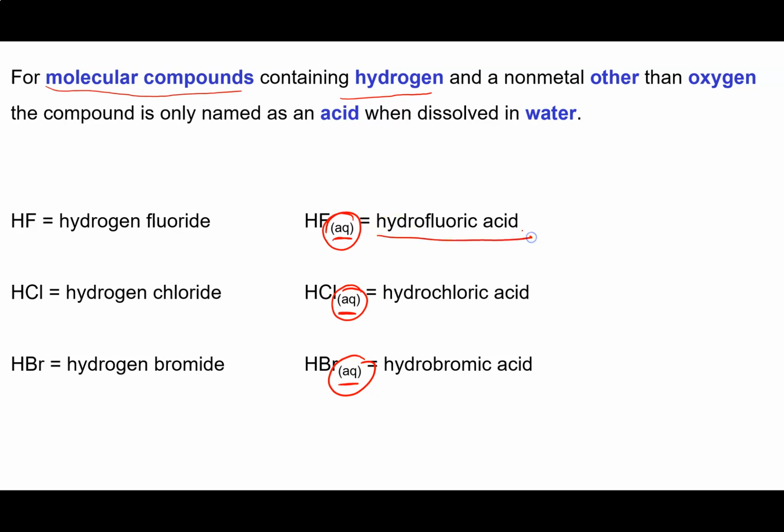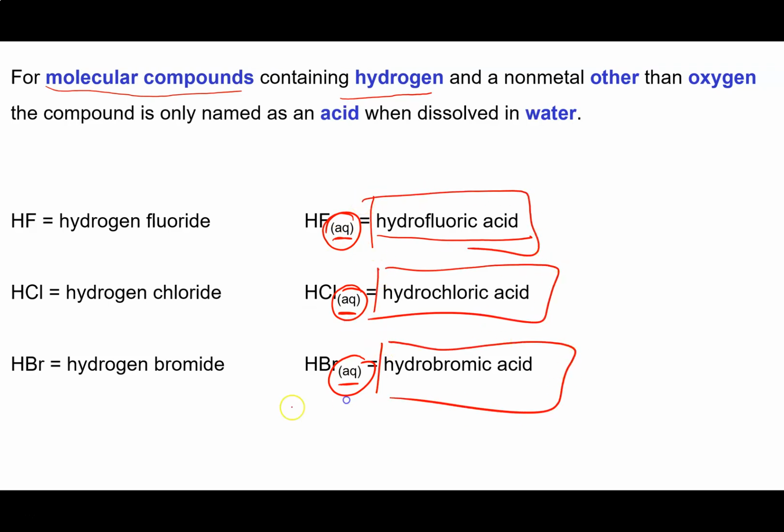So if it talks about it being a solution, or if it has AQ appended on the end, or they're just generally talking about it as an acid, we're going to name it as an acid. If it doesn't mention that it's an acid, or that water is present, we're just going to name it as a regular molecular compound, and we'll talk about how to do that later.